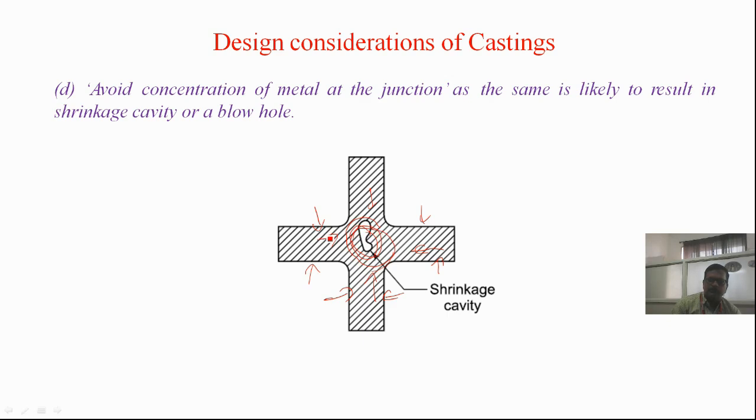So when this is exposed, they will get cooled first, and during shrinkage they are going to draw the material from the center. So when they draw the material from the center, there will be a tendency to develop a blowhole or air gaps at the middle.